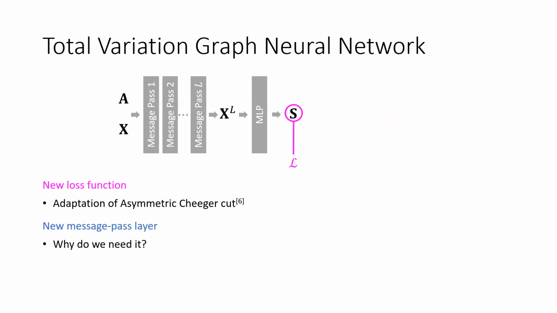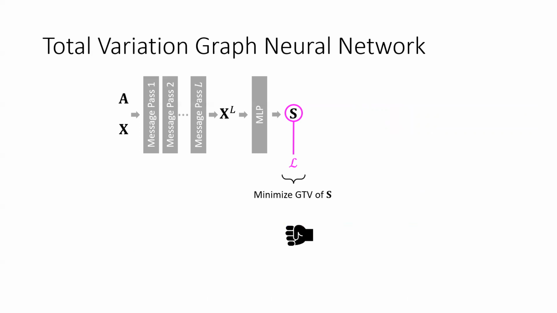So why do we need it to start with? The problem is that on the one hand, we want to minimize the graph total variation of the cluster assignments, which involves the minimization of an L1 norm, as we saw before.